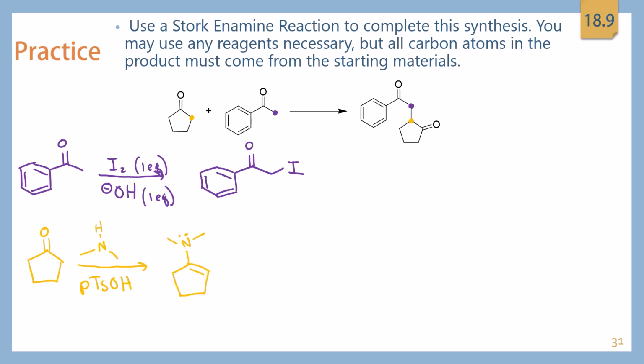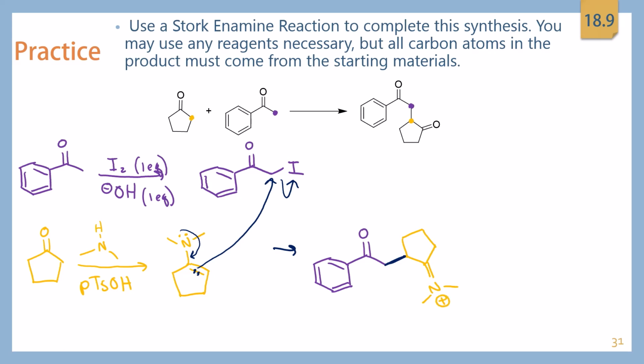So now I have my enamine, and I can bring these electrons down, use these to attack. And I'm going to keep color coding just in case that's helping anybody. Here's my new bond that I made. And that bond is going to be made to cyclopentanone.